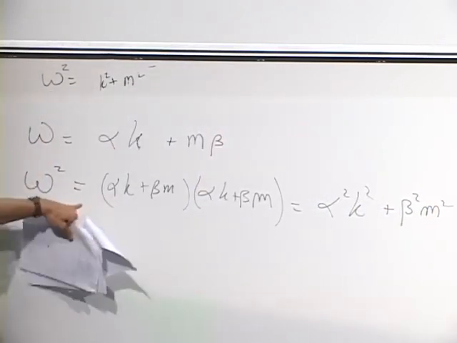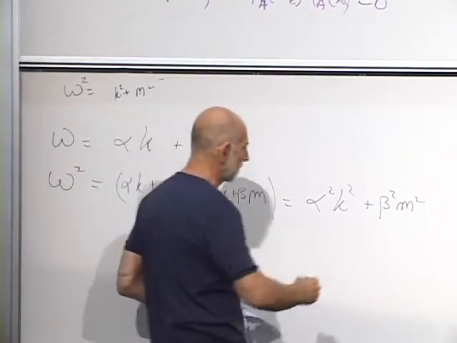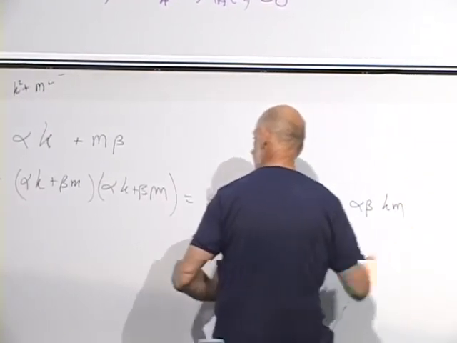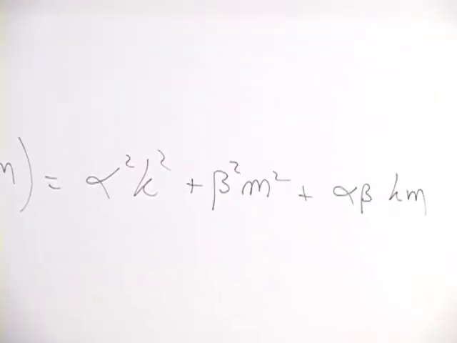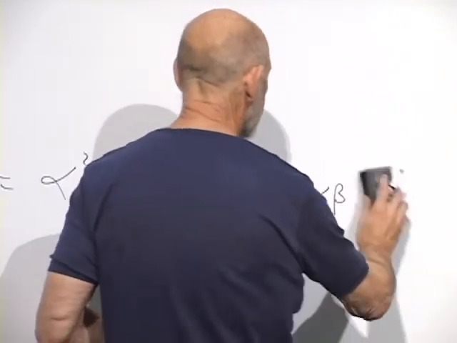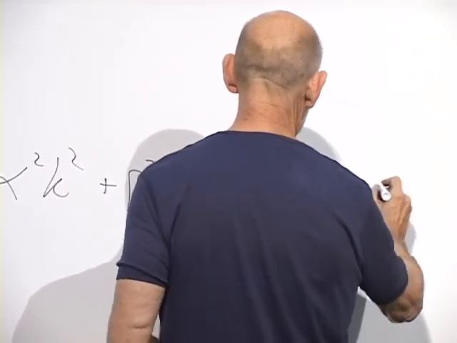But now we get some garbage. We get alpha beta k times m, and then beta alpha k times m. k and m are just numbers, of course. They're just the momentum and the mass of the particle. So what do we get? We get alpha beta plus beta alpha times km.